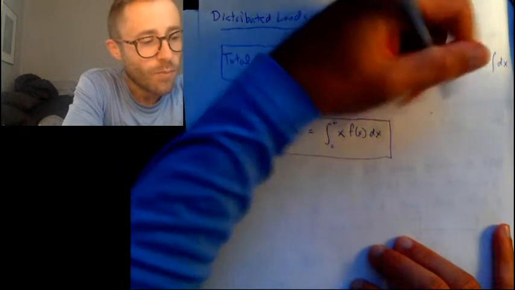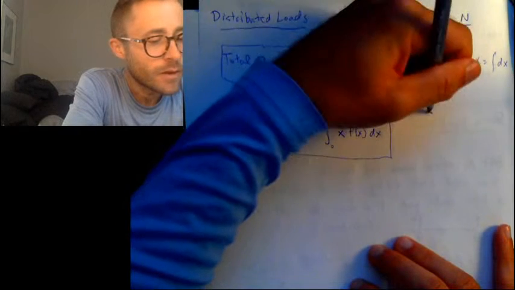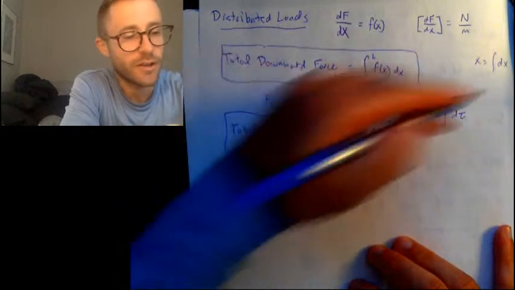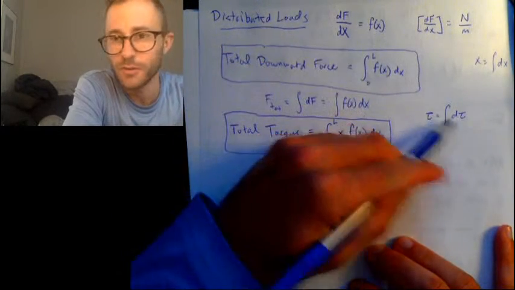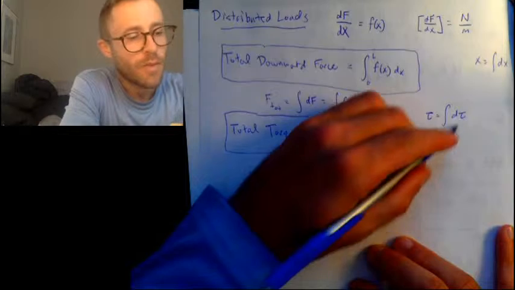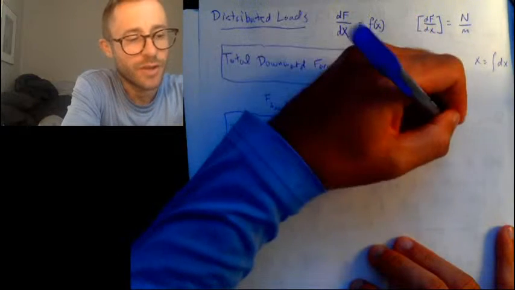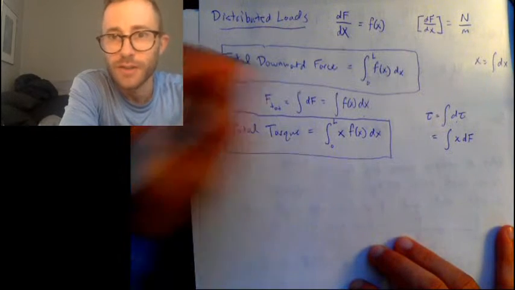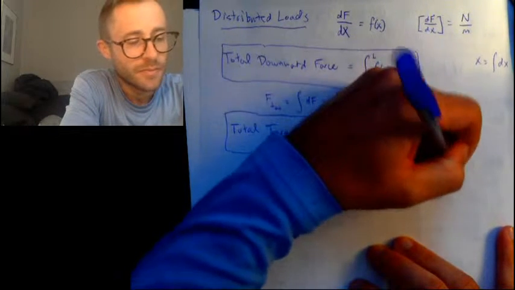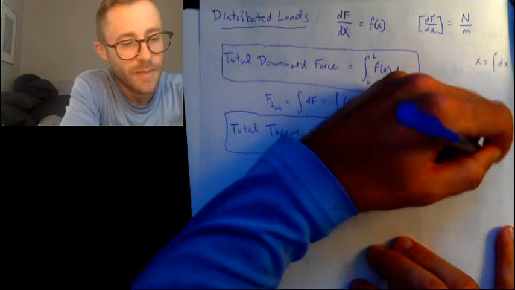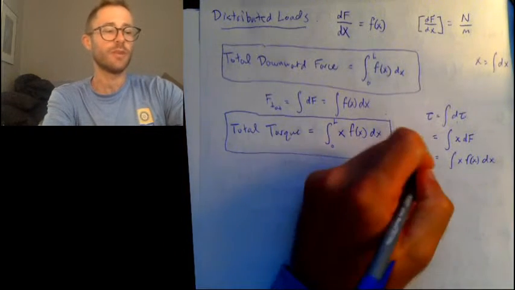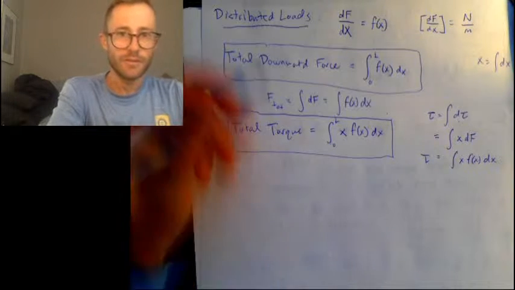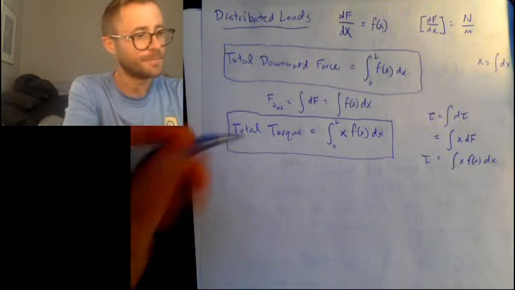Well, torque is going to be the integral of d tau, just like x is the integral of dx. And the amount of tau is force times x, and then df is f of x dx. So that's the total amount of torque for a distributed load.